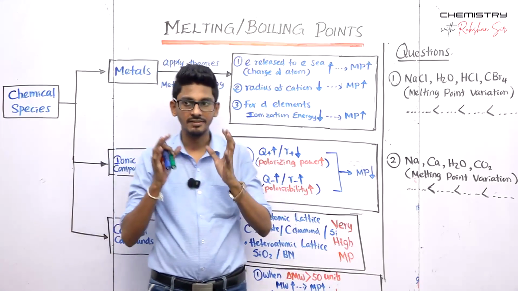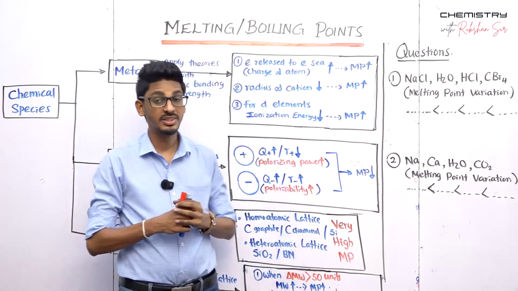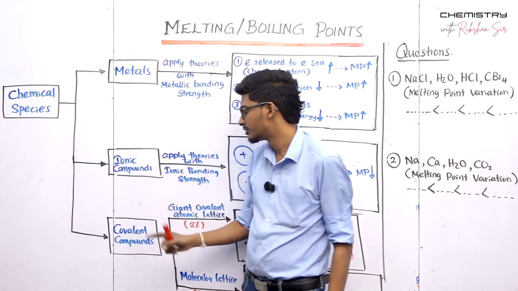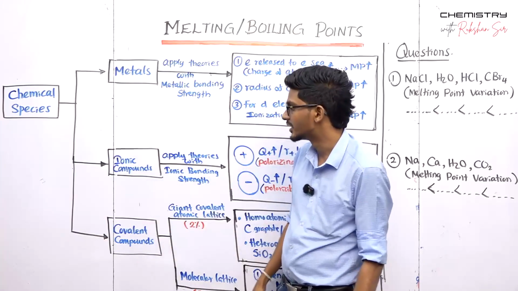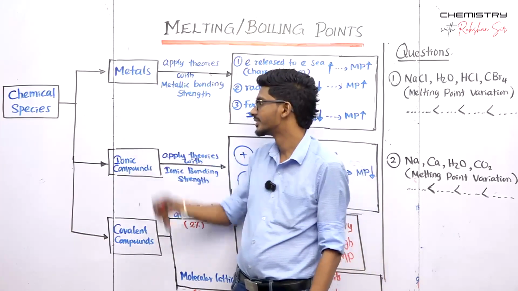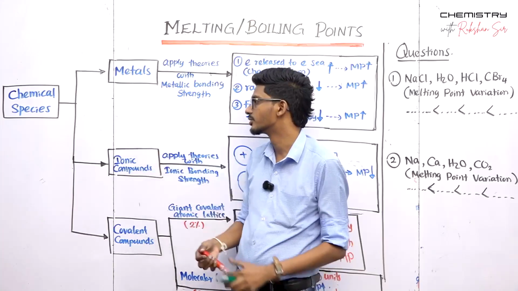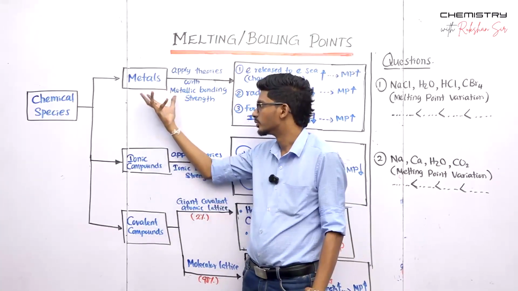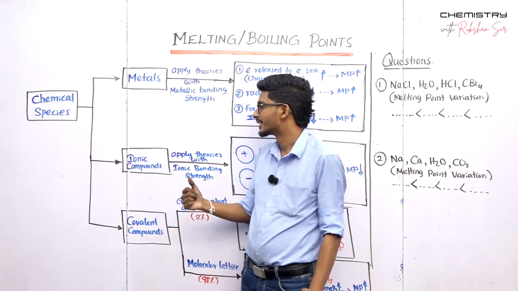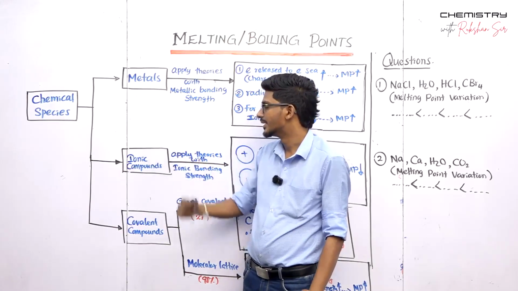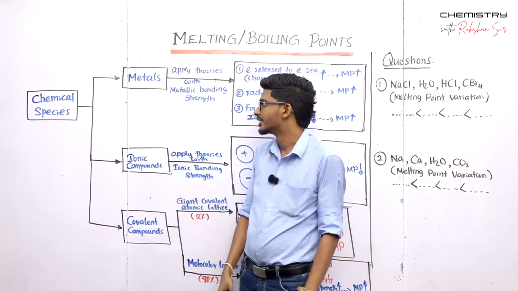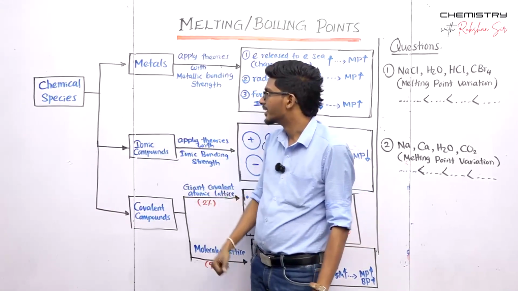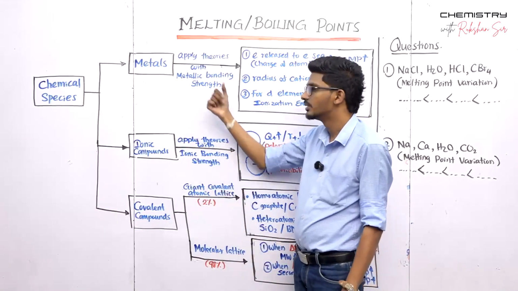Basically, when we refer to chemical species, we have three basic types. The metals: sodium, magnesium, calcium, strontium, zinc, iron, chromium, aluminium. To discuss the melting points of metals, we have to consider the metallic bonding strength.